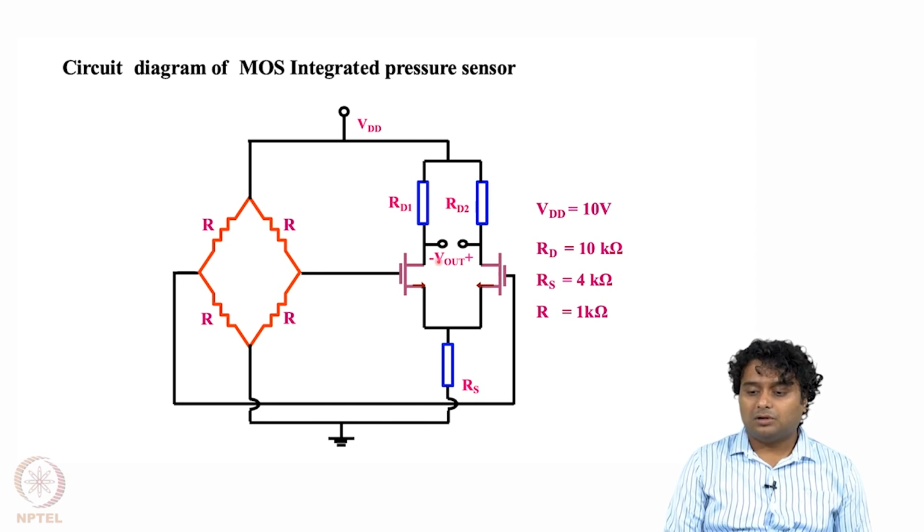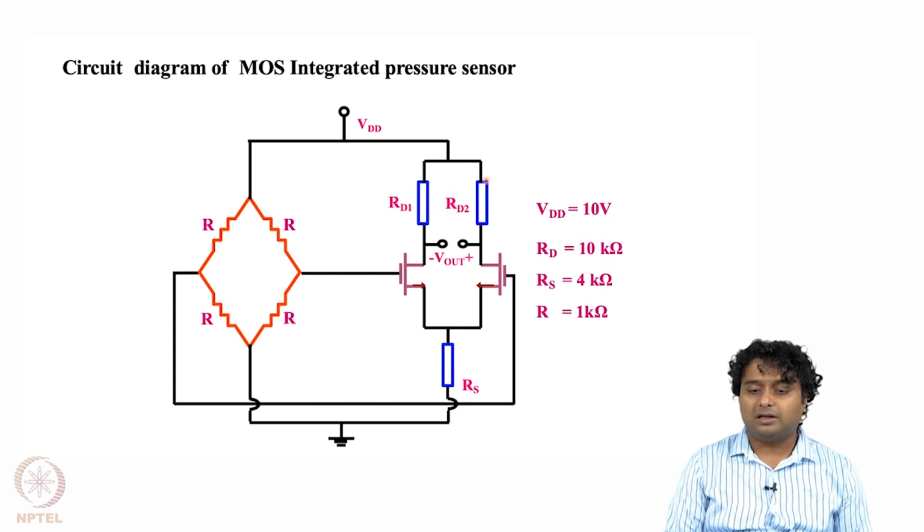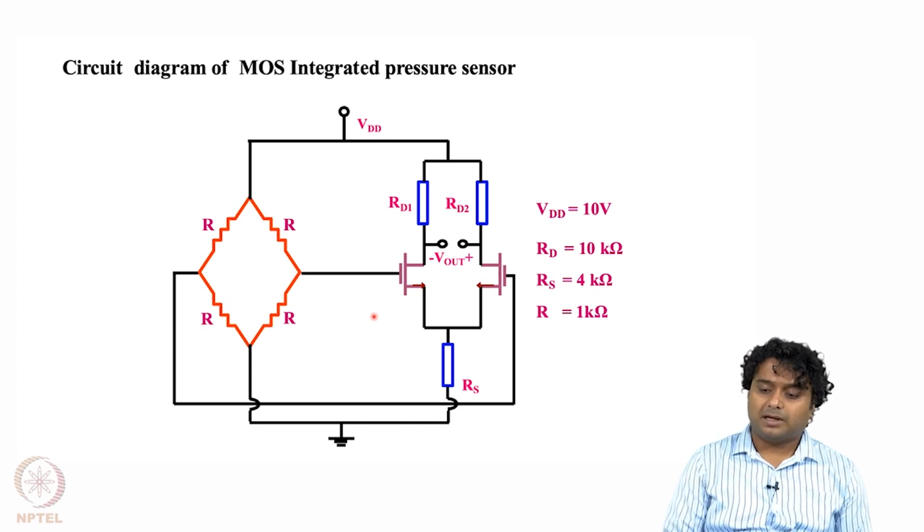Let us say we are using a gain of 10 amplifier, then if we are getting 2 millivolt output from the Wheatstone bridge, ultimately at the measuring end we will see 20 millivolts. So this kind of electronics can also be put with the pressure sensor, and this will increase our sensitivity electronically.